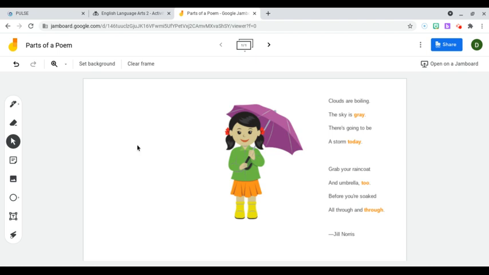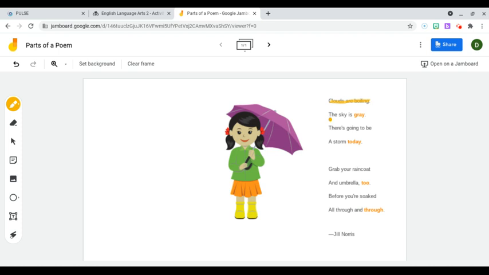Okay, friends, so let's start with lines. Lines are simply as they sound, they're just lines. So, for example, this is a line. Clouds are boiling.